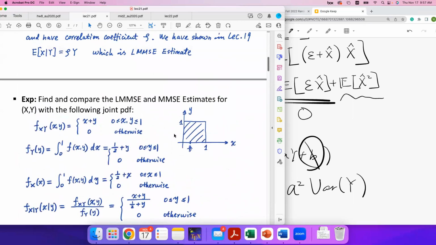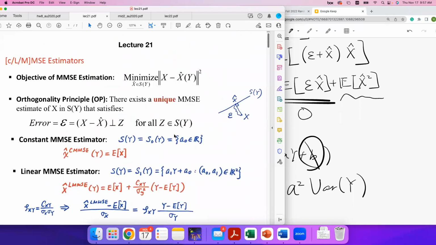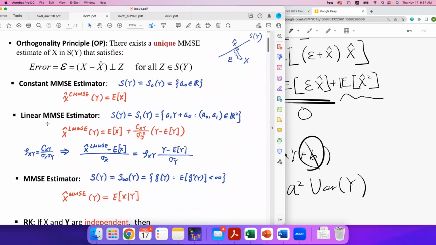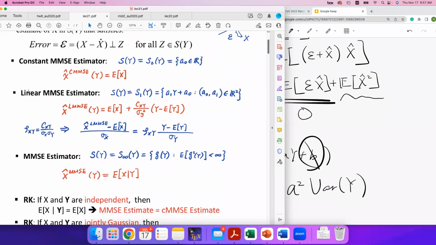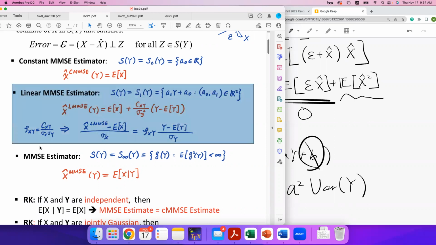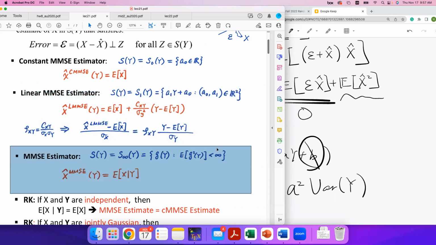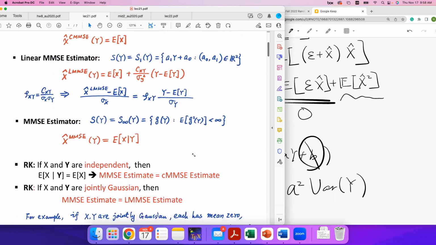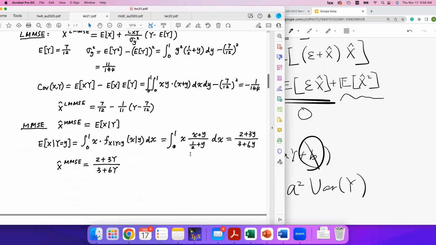Okay, so this finishes the MMSE estimation. We introduced different types of MMSE estimators. I think the most frequently used ones are the linear one and the MMSE one. The constant one is trivial, so we will not pay attention to that.